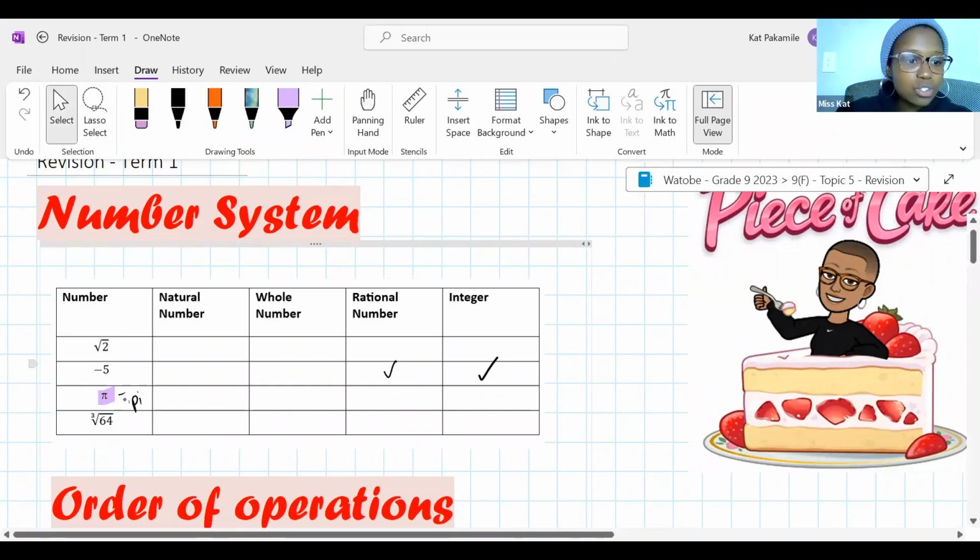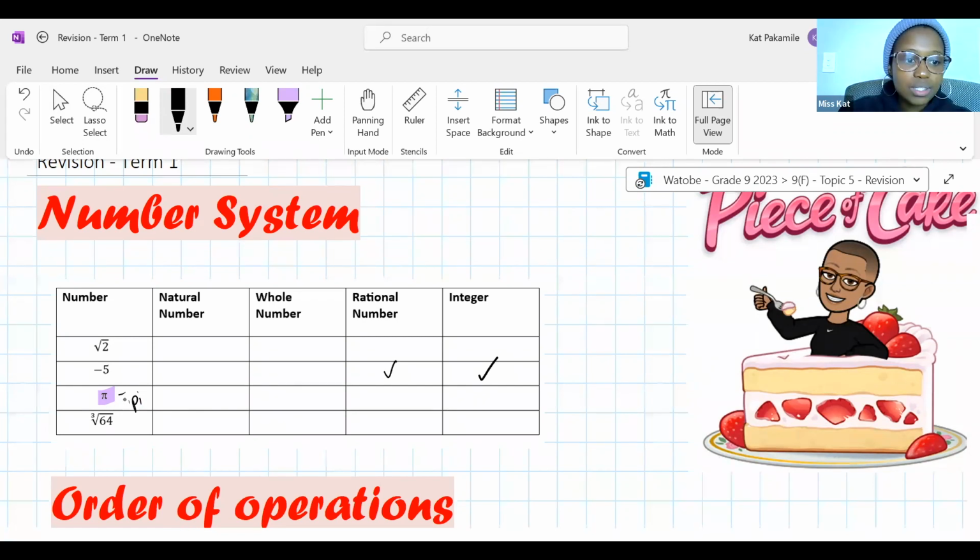Okay, let's do the last one together, Mpo. What is the cube root of 64? That would be 4. So, is it a natural number? Yes. Is it a whole number? What are whole numbers? It is a whole number.